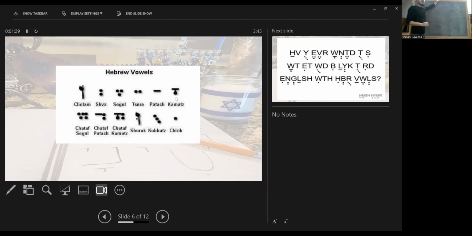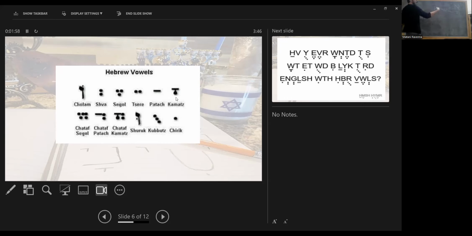Can everyone see it well? You can see it, sir? This vowel is called kamatz. And here's a hint, the names of the vowels will sound the way that they sound. So kamatz makes an a sound.